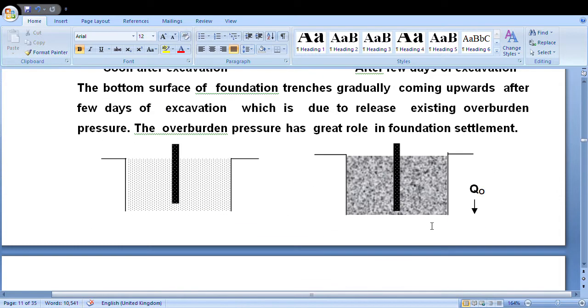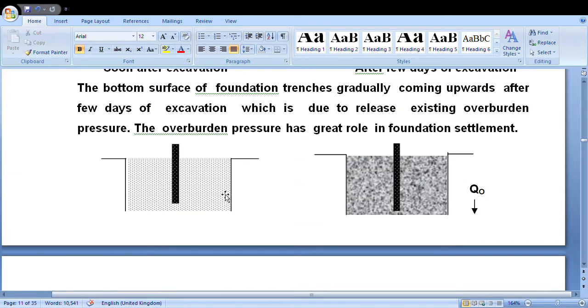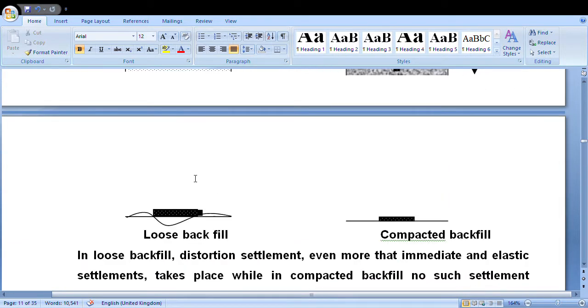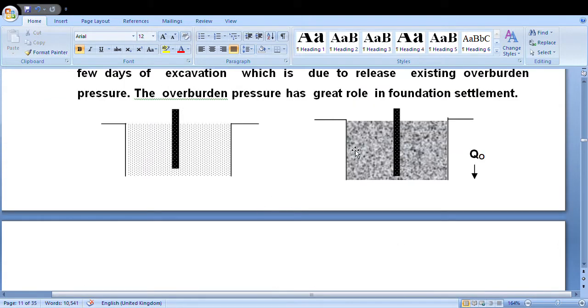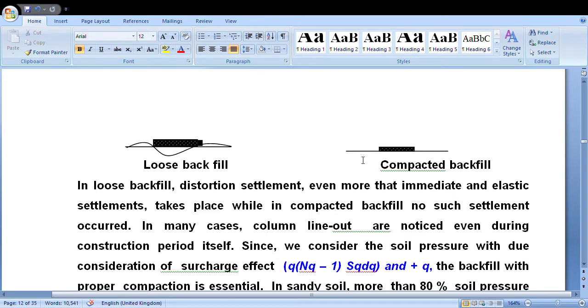There is another aspect that I observed personally: when a foundation is constructed and we make the backfill with loose material, there is a chance of soil heap below the foundation. But when we compact the backfill material properly, no settlement was noticed.